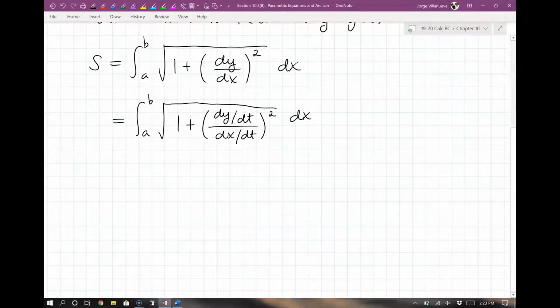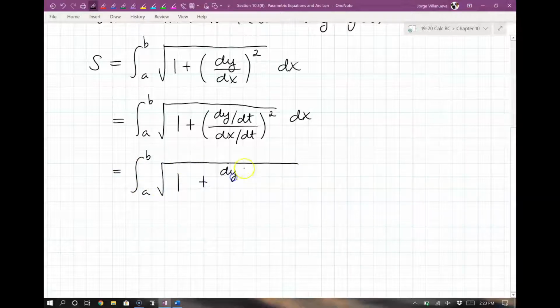Now I'm going to go ahead and distribute that power, so it's going to give me an integral from a to b of the square root of 1 plus dy dt squared over dx dt squared dx. Now, I'm going to want to combine 1 with that fraction, okay?